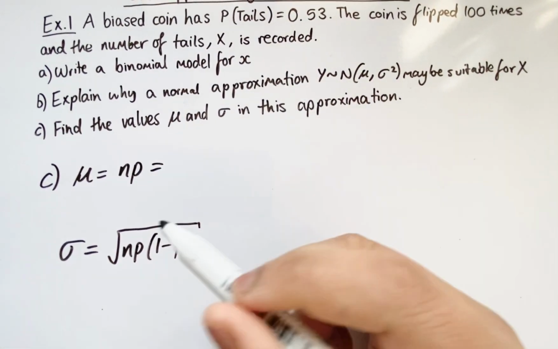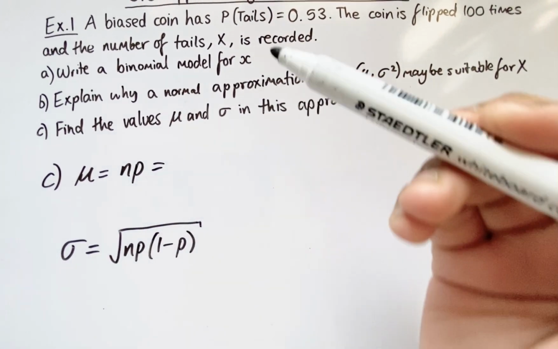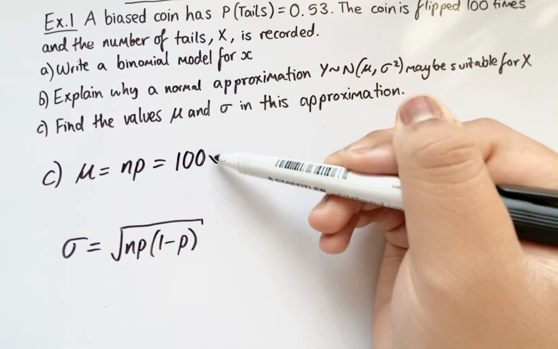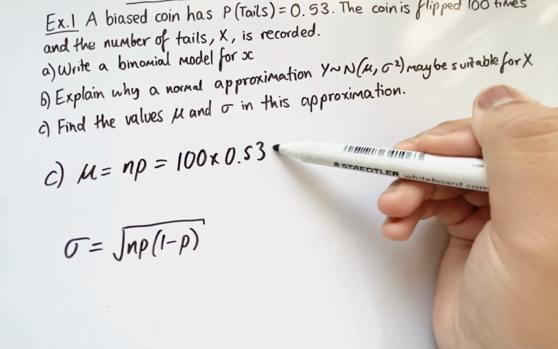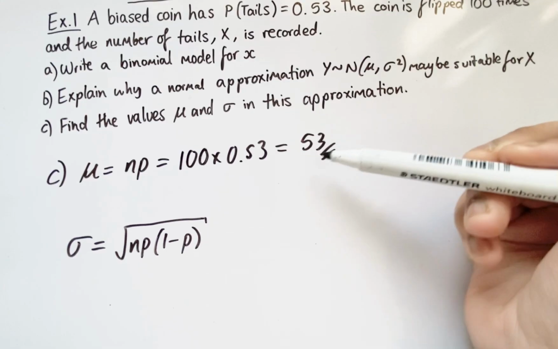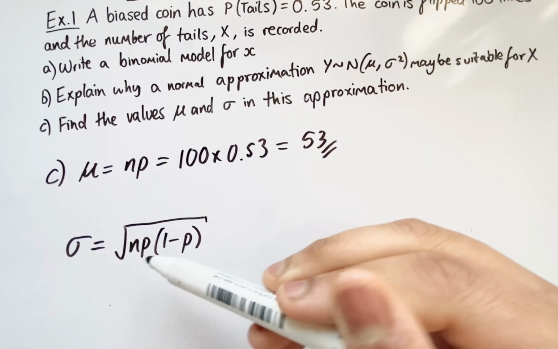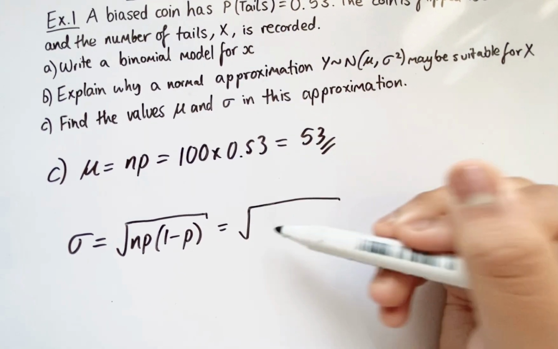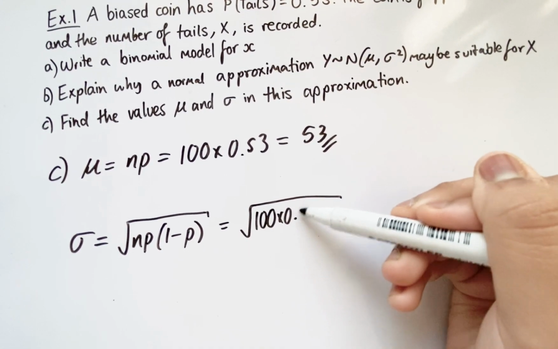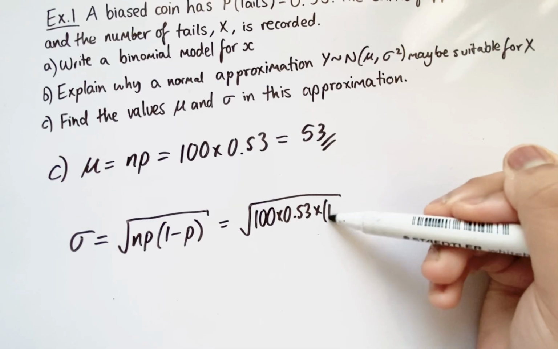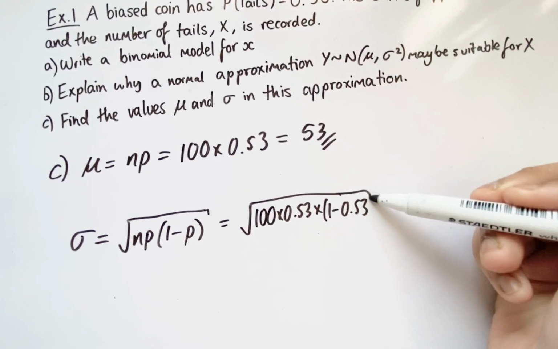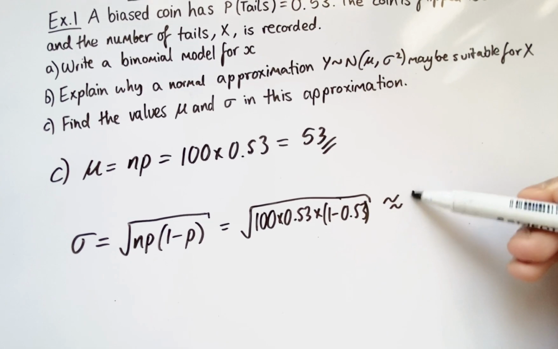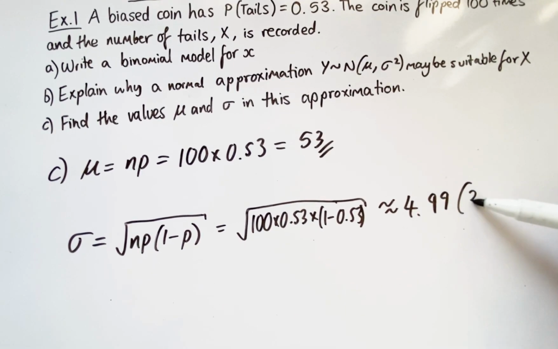For Part C, we know that the mean mu has to be equal to np, so this will be 100 times 0.53, which will give us 53. For the standard deviation, we know it's the square root of np times 1 minus p, which will be the square root of 100 times 0.53 times 1 minus 0.53, which will give us around 4.99 to 3 significant figures.